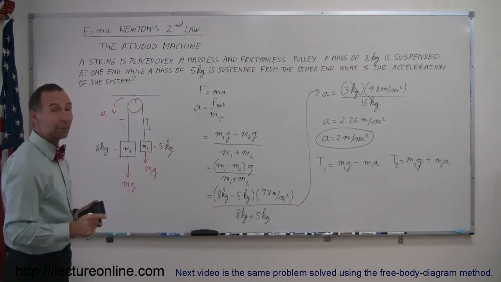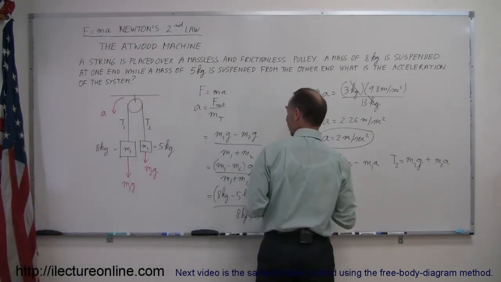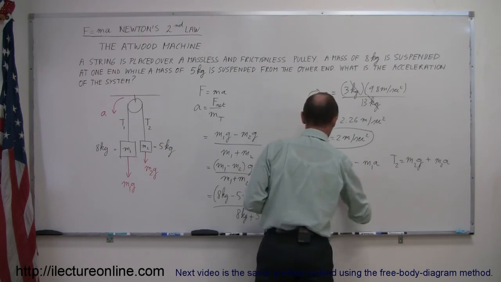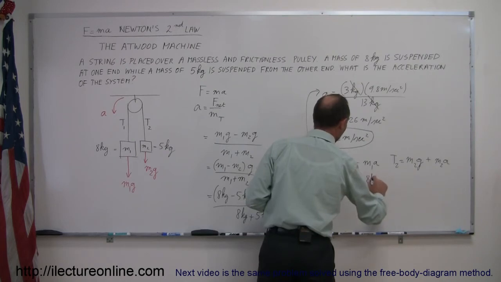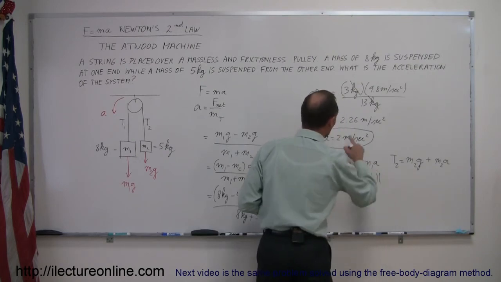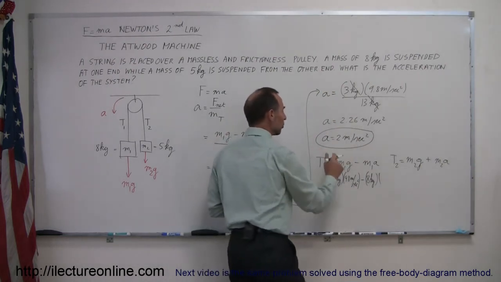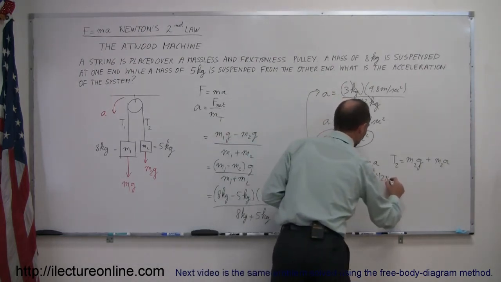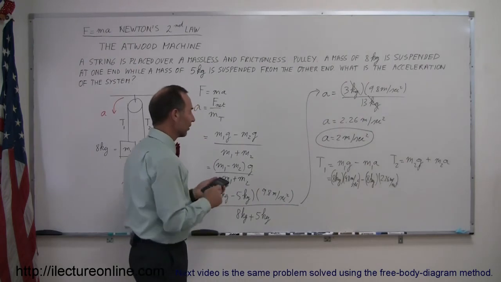All right, now we go ahead and we plug in the numbers. So this is equal to m1g. m1 is 8 kilograms, so this would be 8 kilograms times 9.8 meters per second squared, minus m1, which would be 8 kilograms times 2.26. And just so that I don't make a rounding error, I'll use a more accurate number, 2.26 meters per second squared. And if I now grab my calculator, I already have it in my hands, so let's do that.